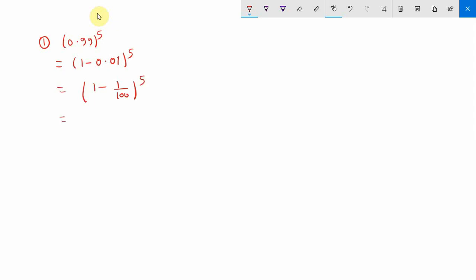Now, using binomial theorem, we will expand this. So 5c0 minus 5c1 into 1 by 100 plus 5c2 into 1 by 100 to the power 2 minus 5c3. What we are using? 1 minus x to the power n formula.